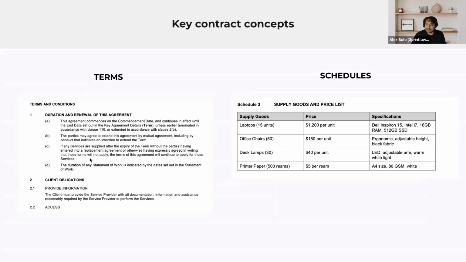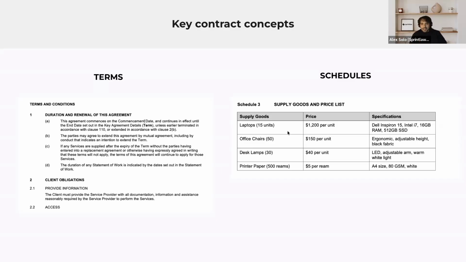And then sometimes at the end of a contract, we'll have schedules, or sometimes at the beginning as well. And the schedules will often be commercial information, which is referred to in the terms, but is set out at the back, so someone can, from a quick glance, see what this contract is about, if that makes sense.